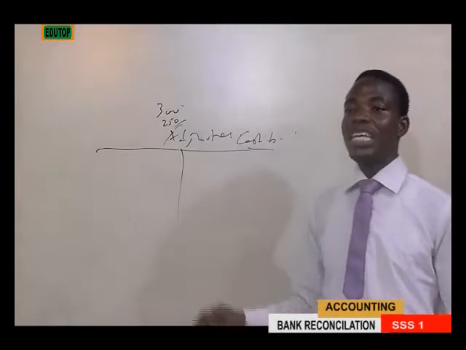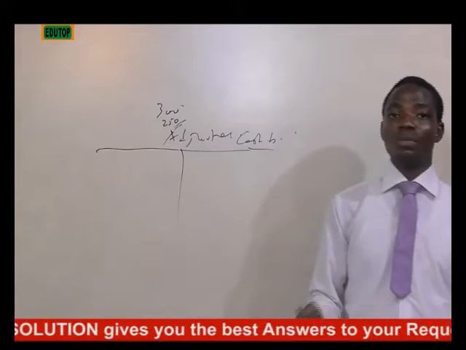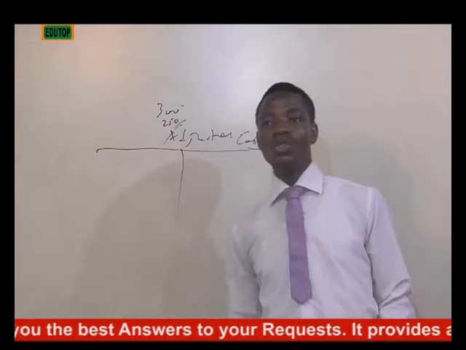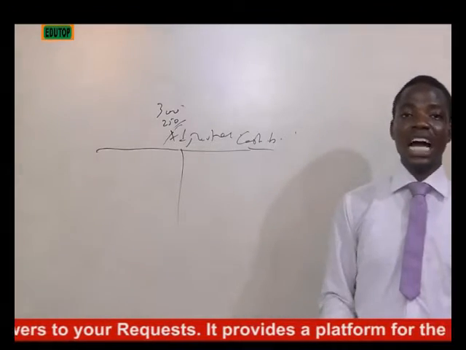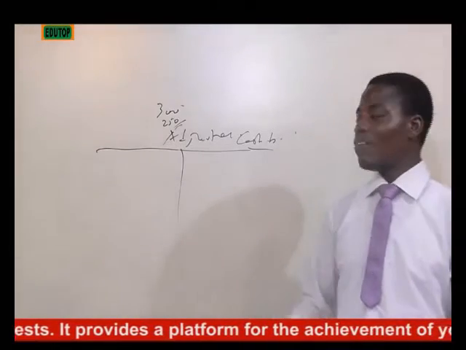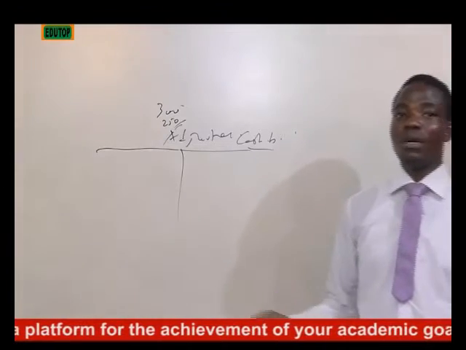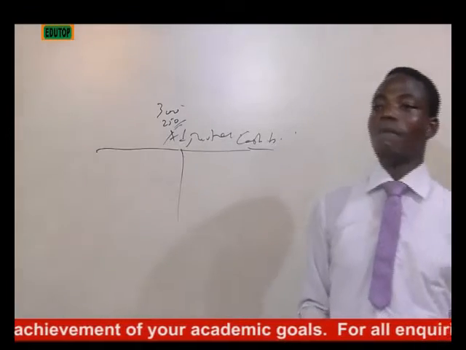But if that person has not presented the check to the bank, then you add it back. Those are the things likely to cause a discrepancy: when you have drawn a check and it has not been presented, it will definitely cause a disagreement between your adjusted cash book and the bank statement.